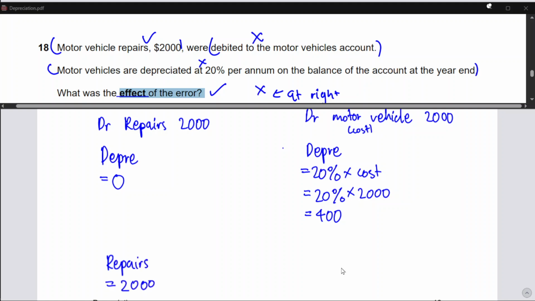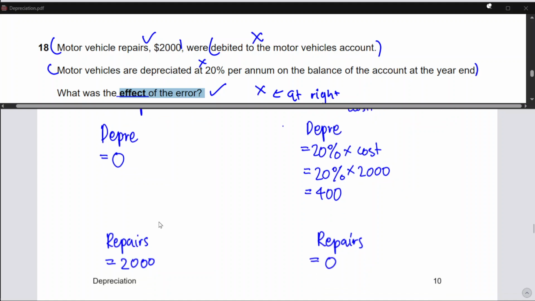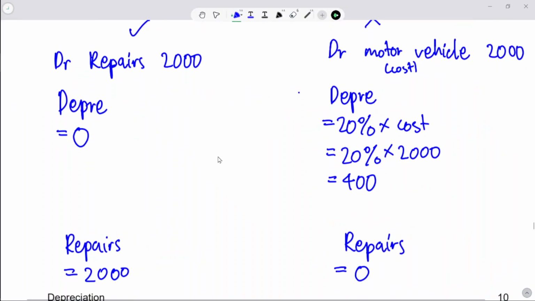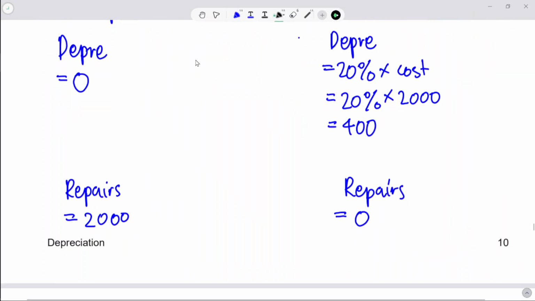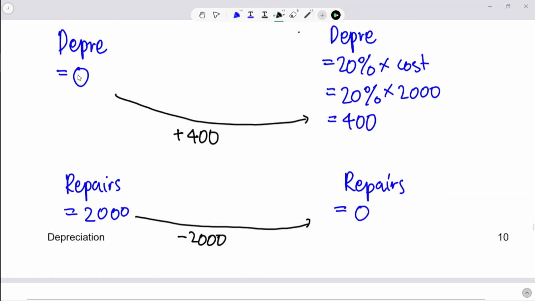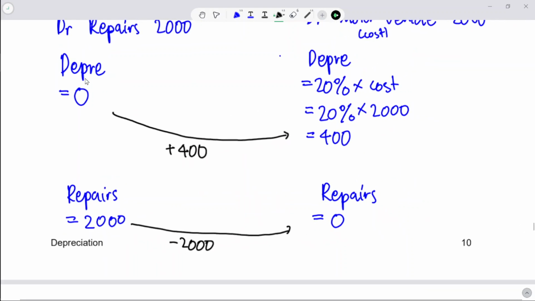Well, this side only motor vehicle, so there is no repairs. This side has repairs 2000. This side there is no repair, so the repairs will be 0. Then the depreciation from here to here is plus 400. Well, the repairs from here to here is actually minus 2000.